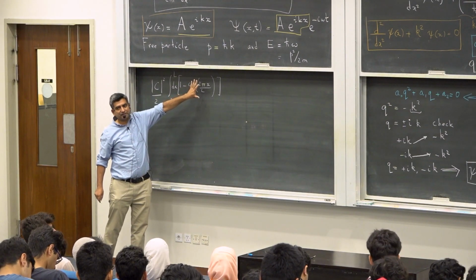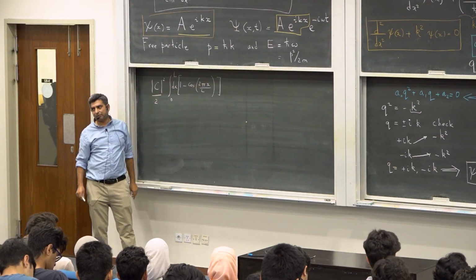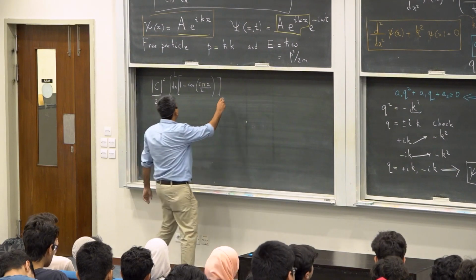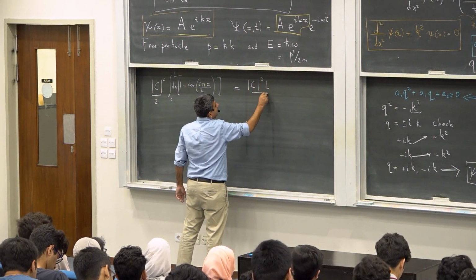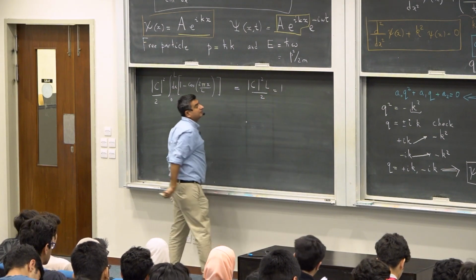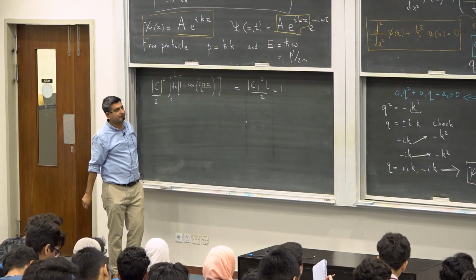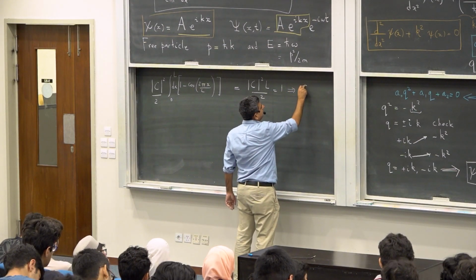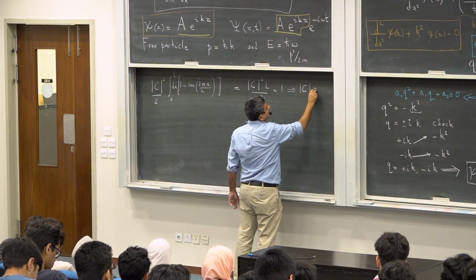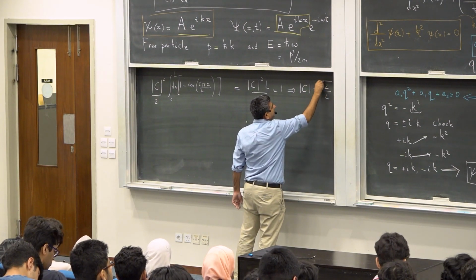The integral of this term with these limits gives me 0. So I'm just left with C mod square times L over 2. This equals 1. This means my C mod is the square root of 2 over L.